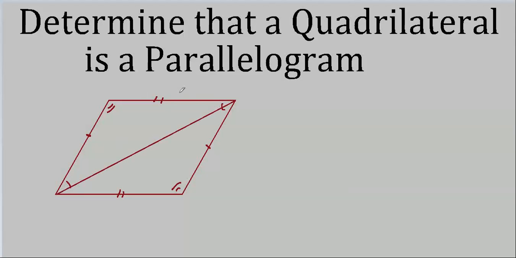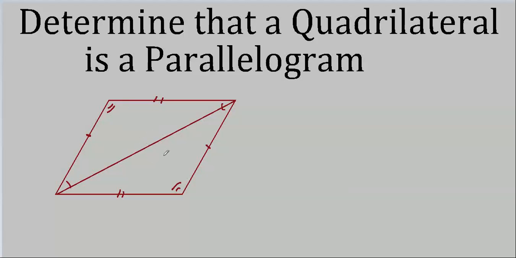Remember, we did something like this to show that the sides were congruent. Now that we have that the sides are congruent, it's very easy to show that these two triangles we just created are congruent. After all, this side is congruent to this side, this side is congruent to this side, and this side is congruent to itself. So we have the side-side-side theorem, which tells us these two triangles are congruent.